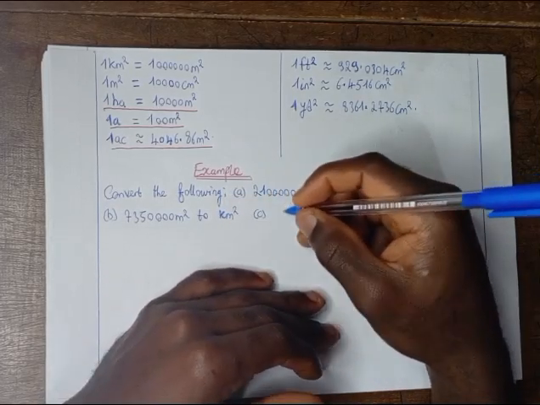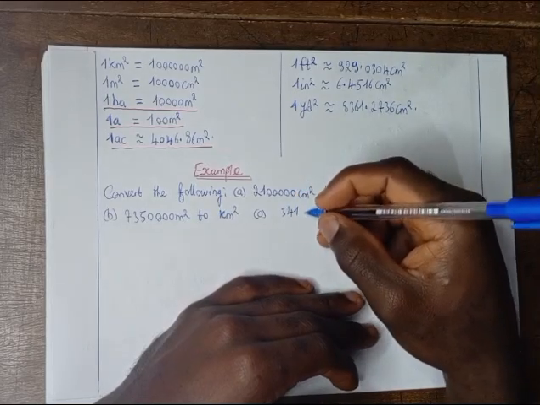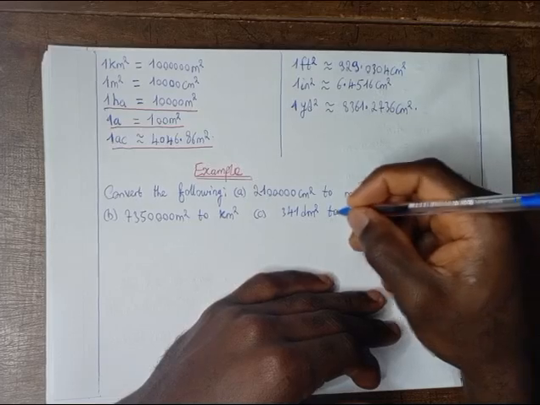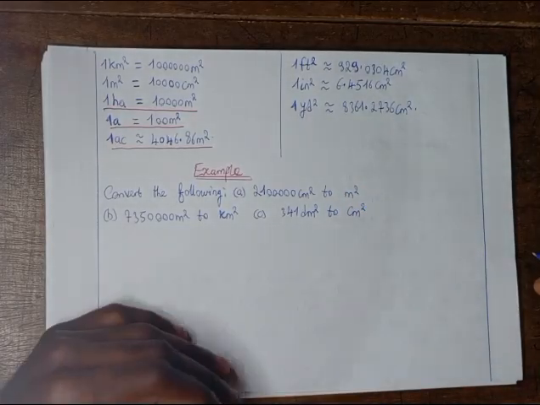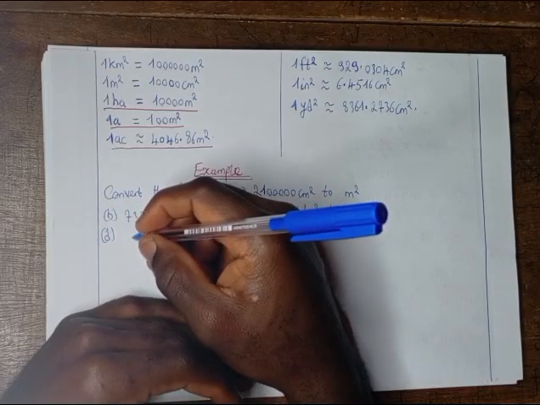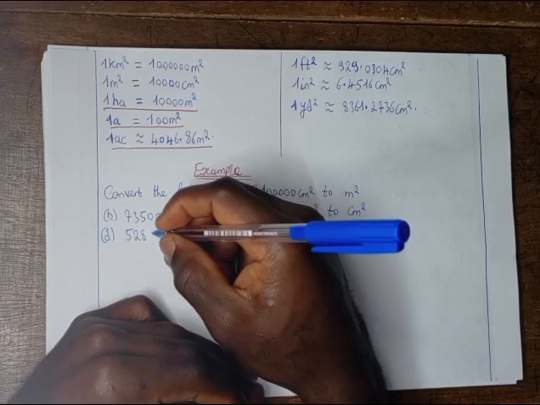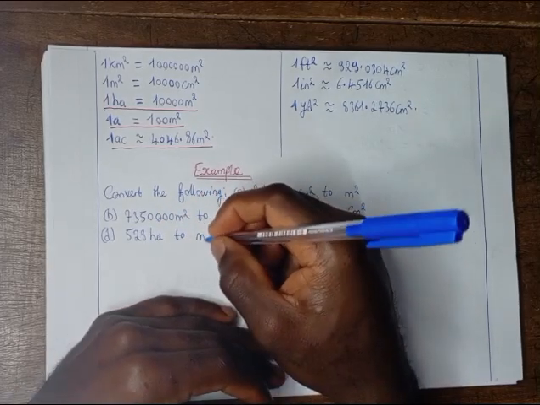For C, we have 341 decimeters squared to centimeters squared. For D, we have 528 hectare to meters squared.